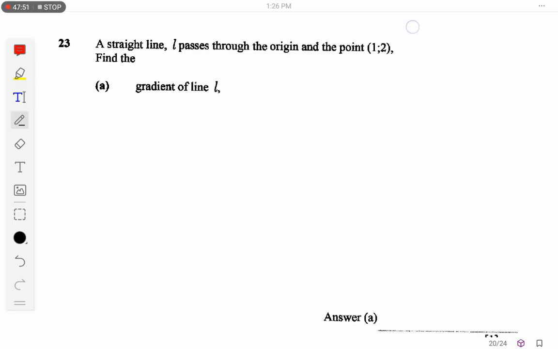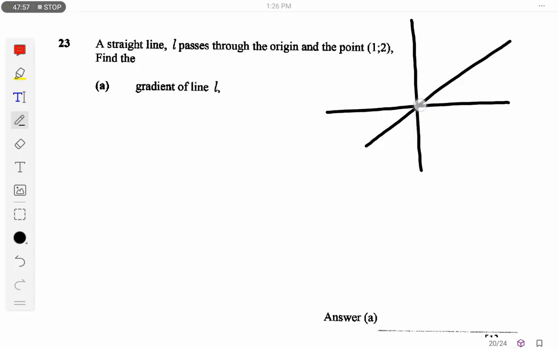Let me just draw it. It's passing through the origin there. This is the origin. This is my y. This is my x. Then it's passing through the point (1, 2), like that. So this is my x value, this is my y value, and these ones are 0 and 0.